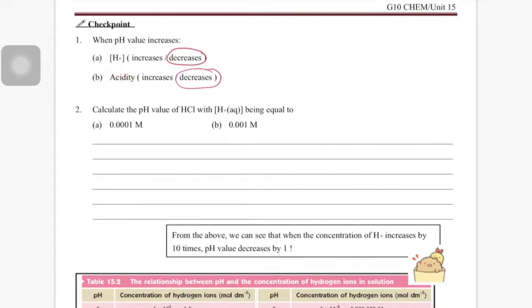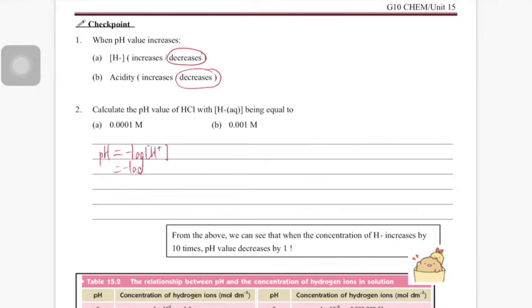Okay. Question 2. Calculate the pH value of hydrochloric acid with hydrogen ion concentration equal to these two numbers. So for the first one, we know the concentration is 0.0001. Okay, so the pH should equal minus log of the hydrogen ion concentration.